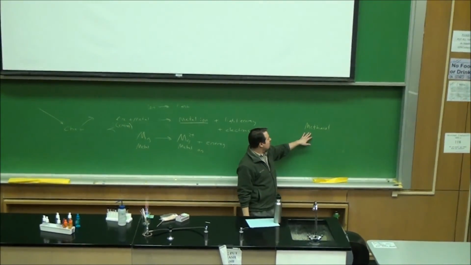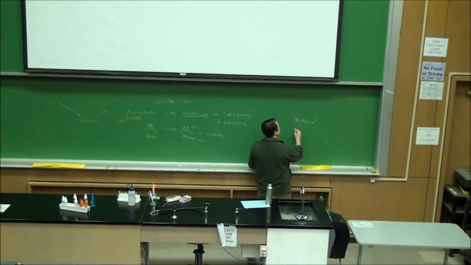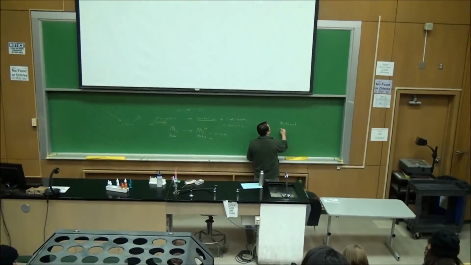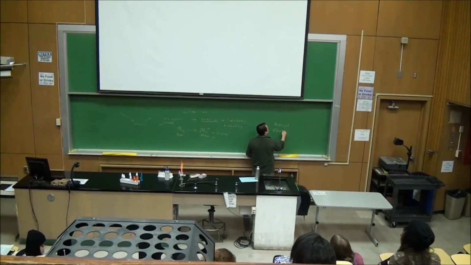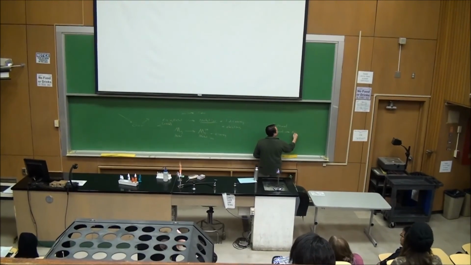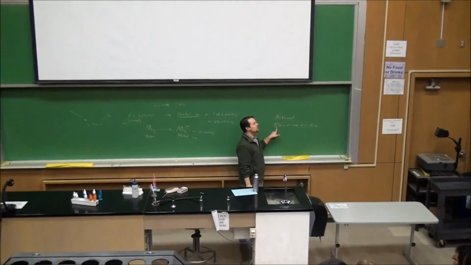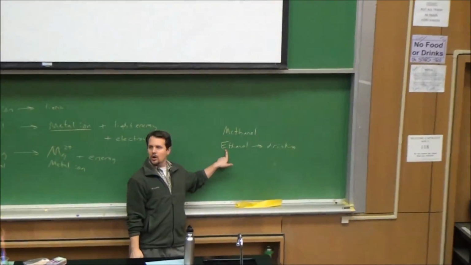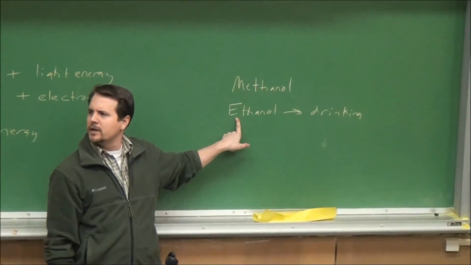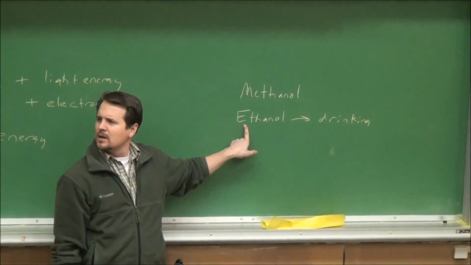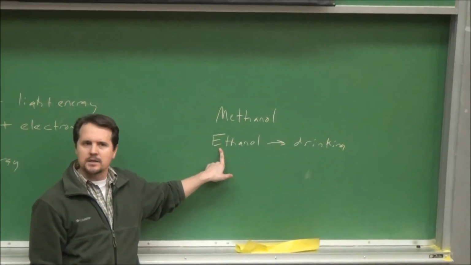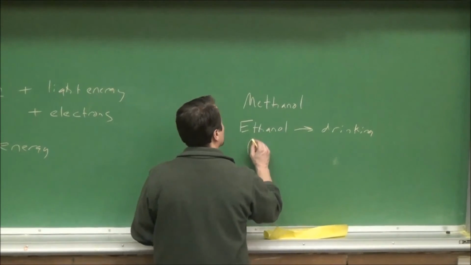Methanol is kind of related to ethanol, and ethanol is your drinking alcohol. If you wanted to try this at home, I think ethanol would do it. We use IPA, so you could probably use rubbing alcohol.